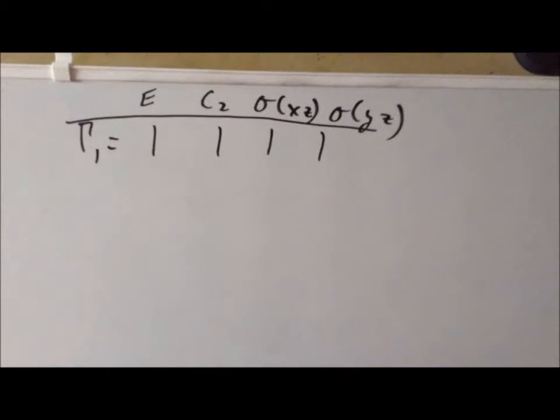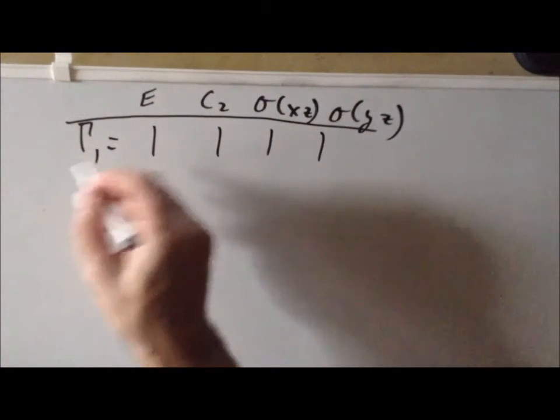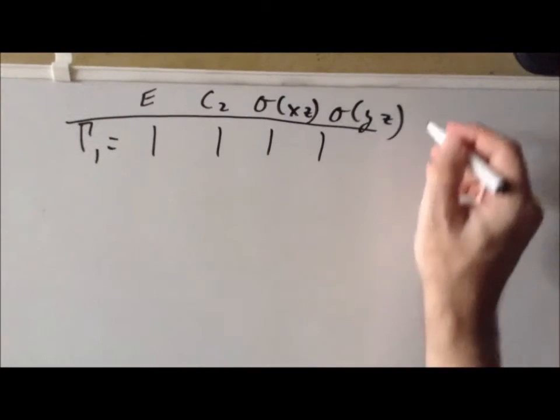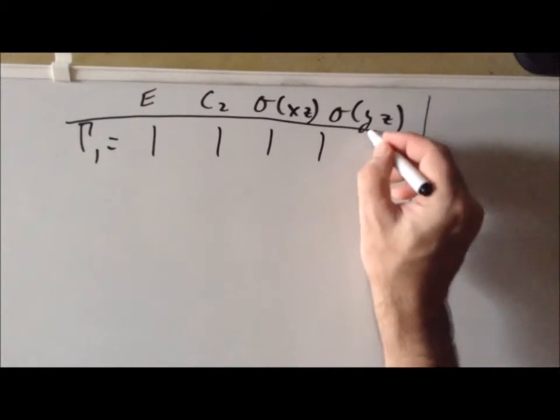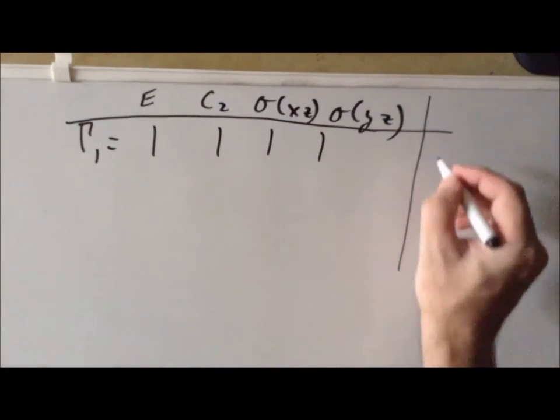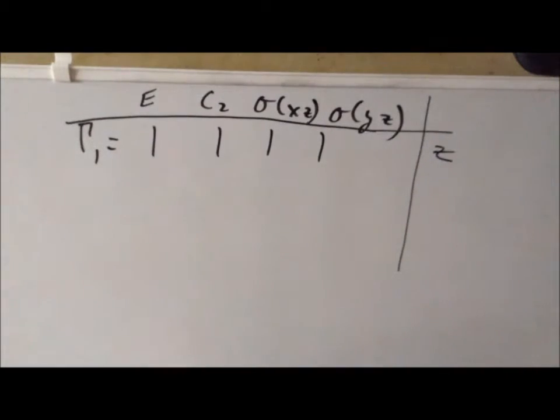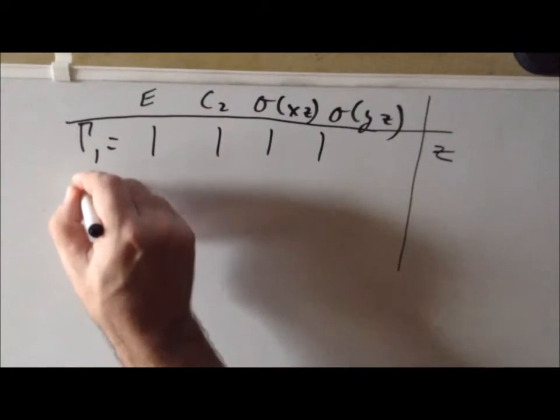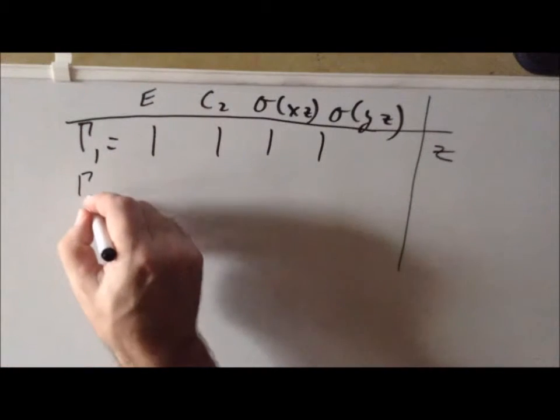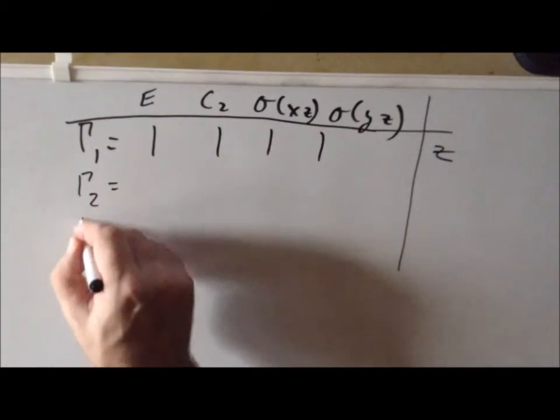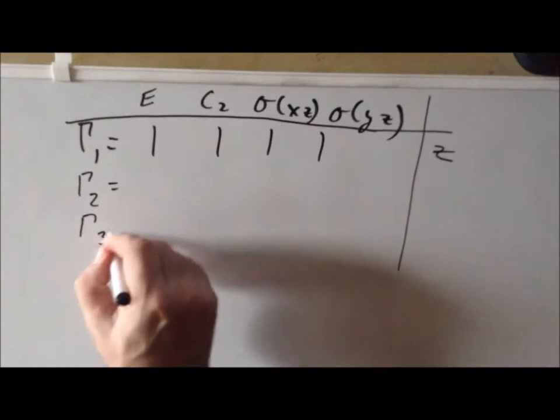So here is one of the irreducible representations, and we'll recall that this is the representation that corresponded to the basis function z. I'm going to judiciously leave gamma 2 here blank. Gamma 3 is the one corresponding to the basis function x, and it had the characters 1, minus 1, 1, and minus 1.